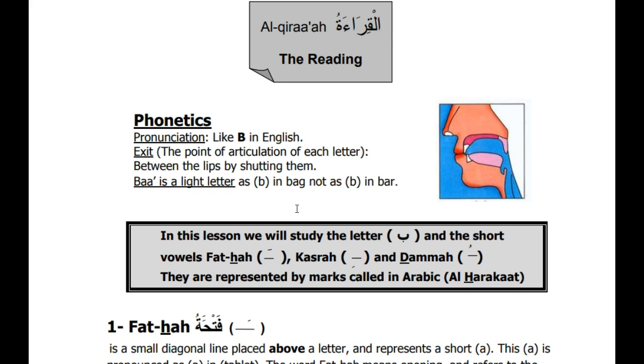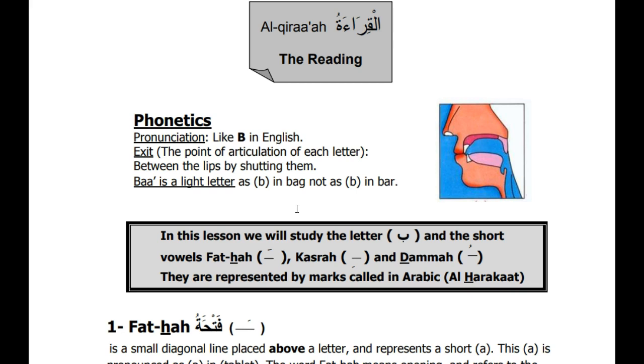One of the very typical mistakes is that we memorize Quran, for example, and we read it really wrong, and then to remove that memorized wrong pronunciation is very hard. So just let's get it straight from the beginning. Ba, like in bag and not in bar.